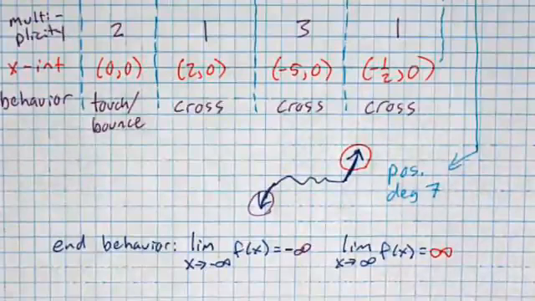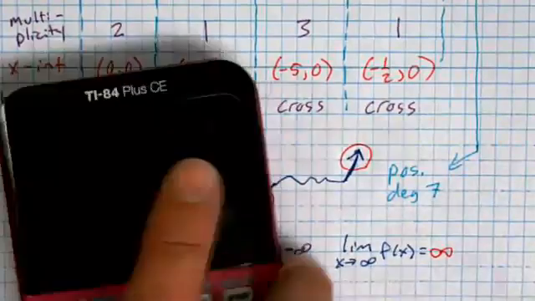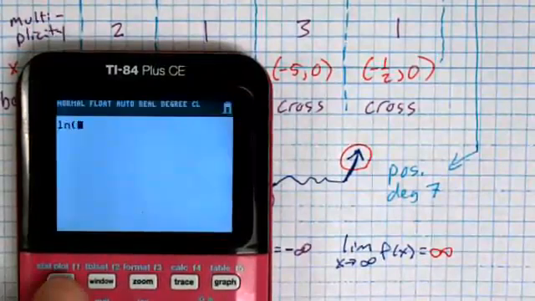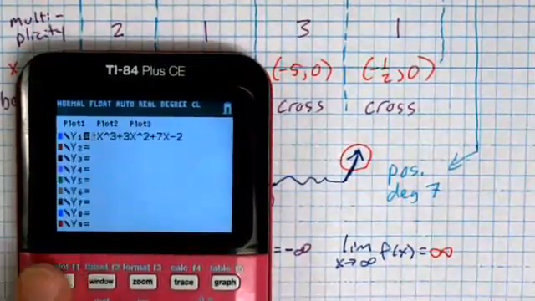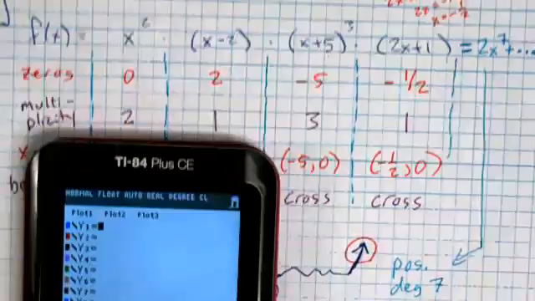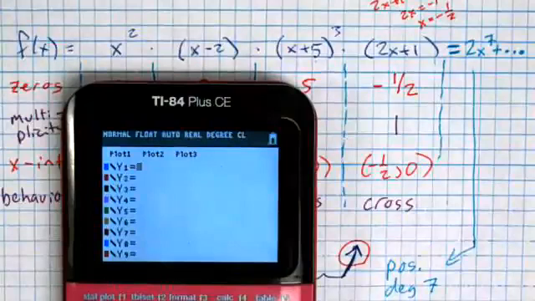So let's go ahead and put it into our calculators and see what it looks like. We're going to be talking a bit today about setting a window on your calculator, and there's an art and a science to this. Fair warning, this is something that has caused some of my students in the past some trouble. So make sure you pay attention as we're talking about this.